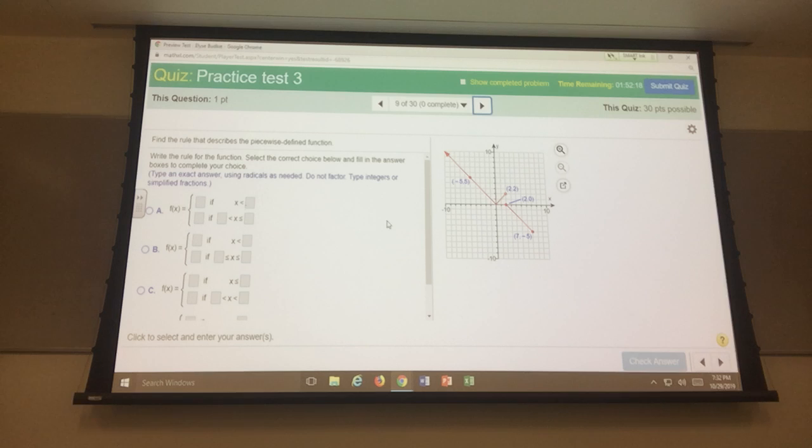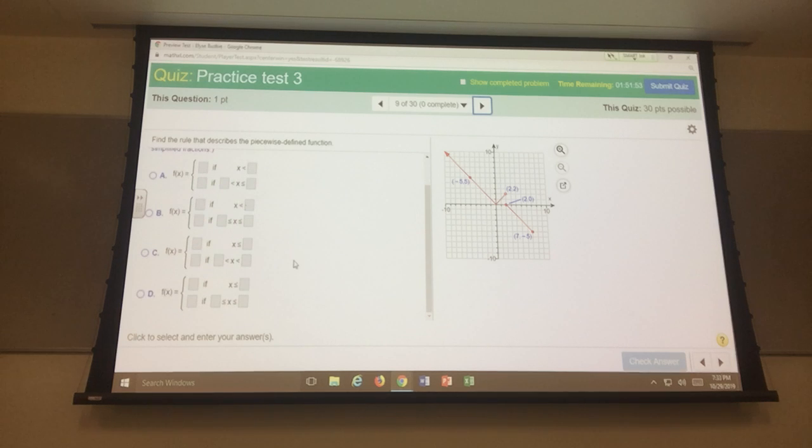What about the line portion, domain-wise? 2 to 7, inclusive on both parts. So we want something that is less than for one part, and then less than or equal to. So it looks like B is our choice.